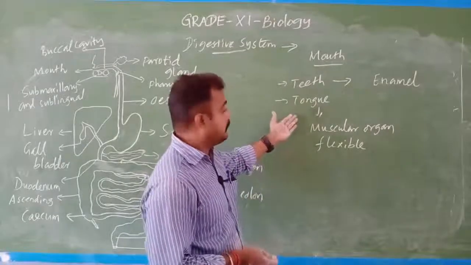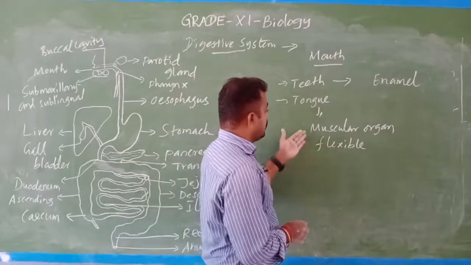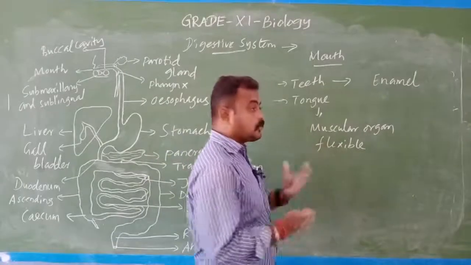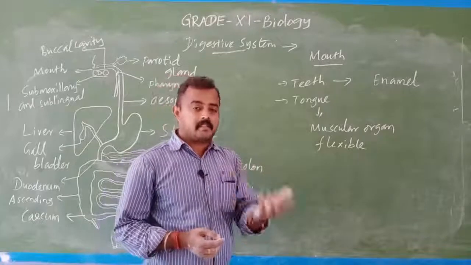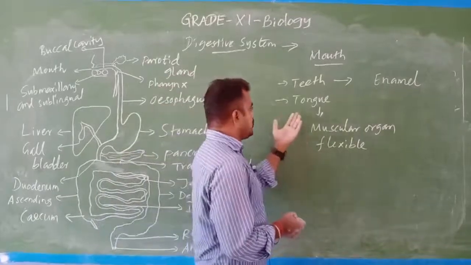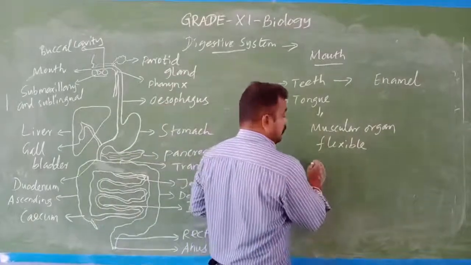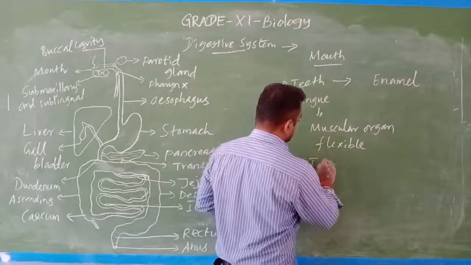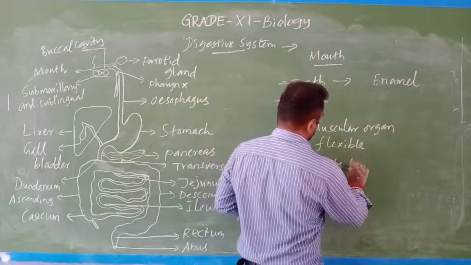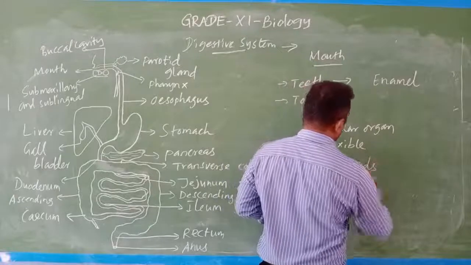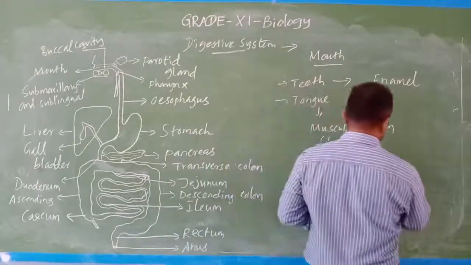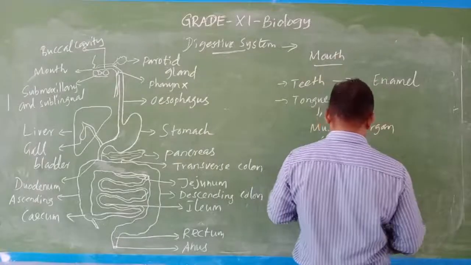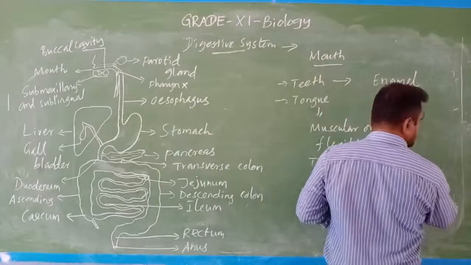Coming to the tongue. It is a muscular organ, it is flexible. It is used to mix the food materials and saliva. It also has taste buds. Taste buds are present in the papillae.